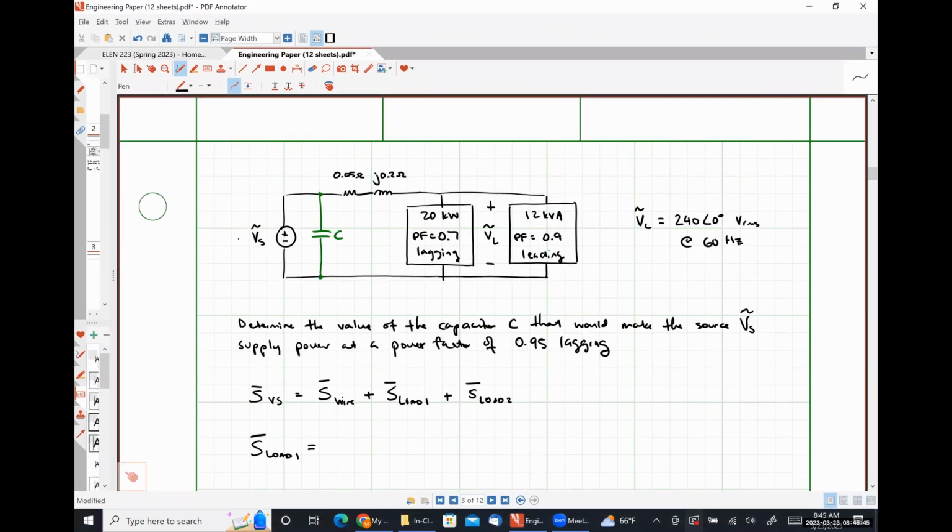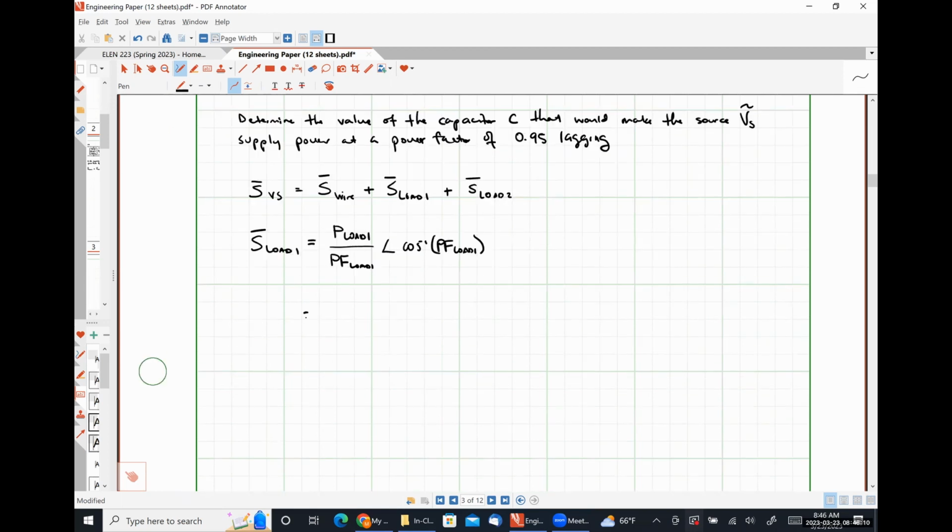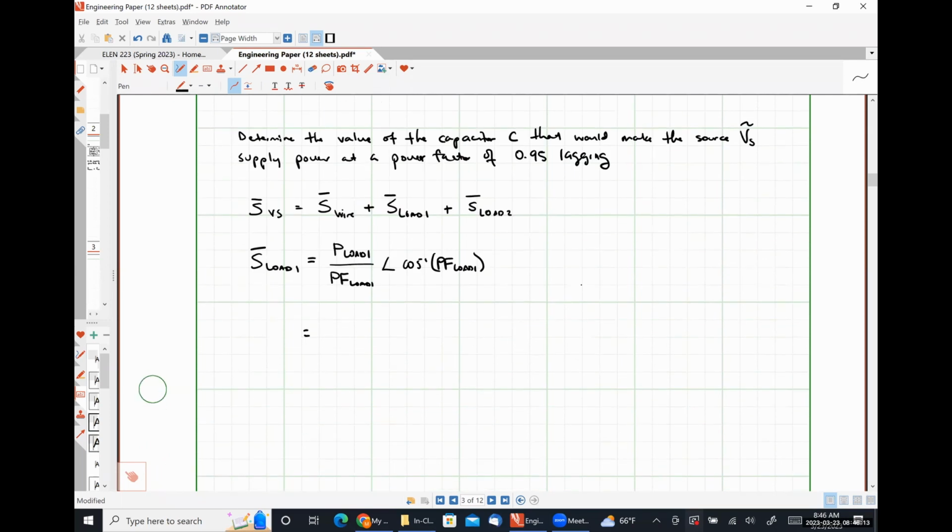So for S load 1 here, we are going to have P load 1 over PF load 1 with an angle of inverse cosine PF load 1. Let's throw some numbers at this. So that was 20 kilowatts over 0.7 with an angle of the inverse cosine of 0.7.